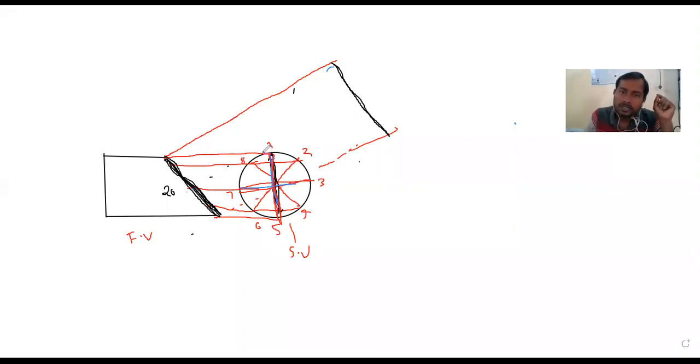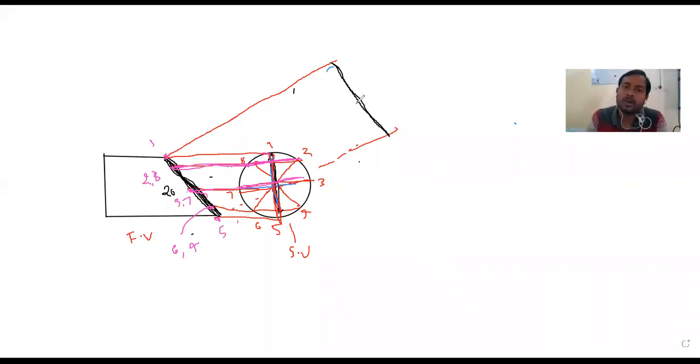This line passes through 2 and 8, this line passes through 3 and 7. Here 2, 8; the middle one is 3, 7; and this part is 6 and 4. Here the ending is 1, here the ending is 5.